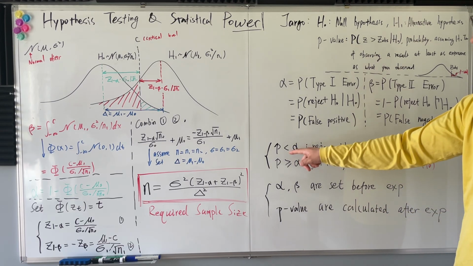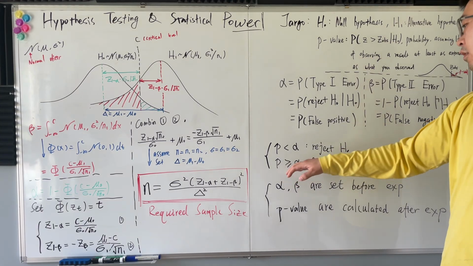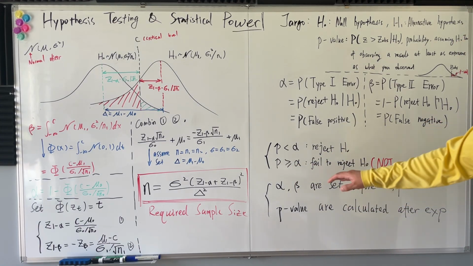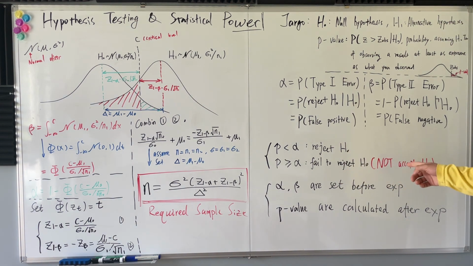If the p-value is less than alpha, you reject the null hypothesis. If it's greater than or equal to alpha, you fail to reject the null hypothesis. Keep in mind, very importantly, failing to reject is not equivalent to accepting H naught.